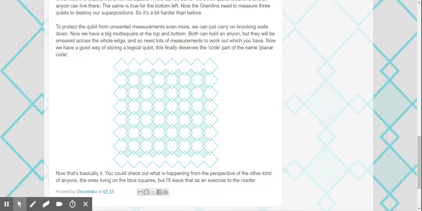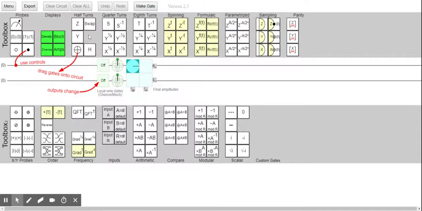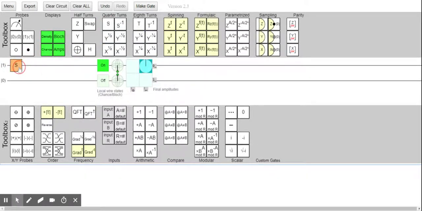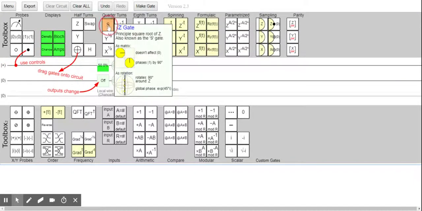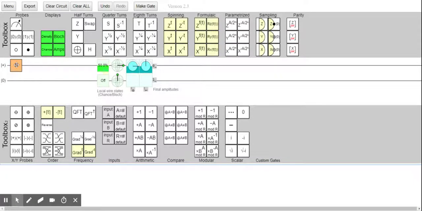If you apply an S gate to a 1, okay, yeah, so that's actually the opposite in this case. But it's not with these, right? Yeah, that's not literally the opposite. That's like a mirror.